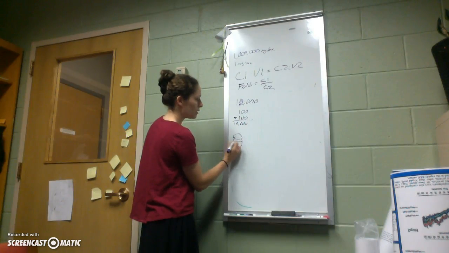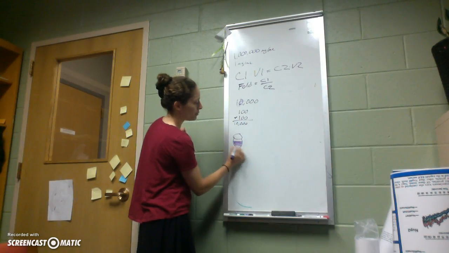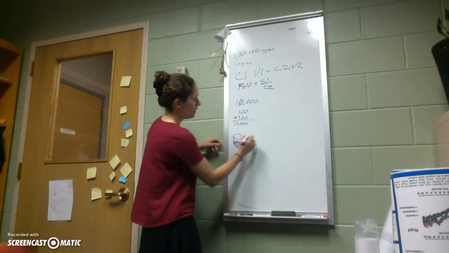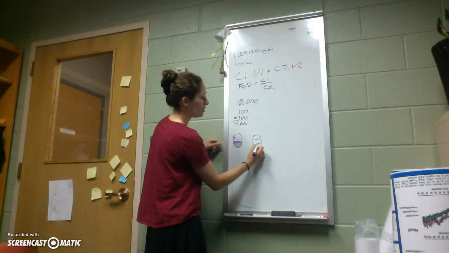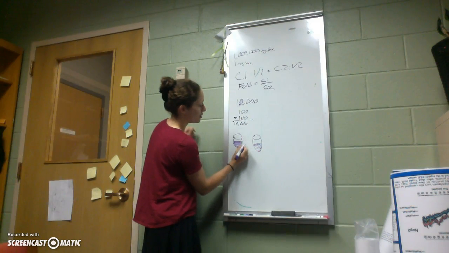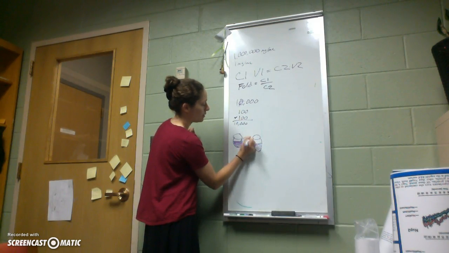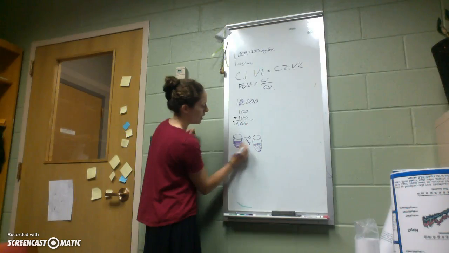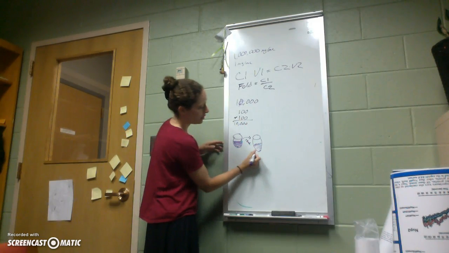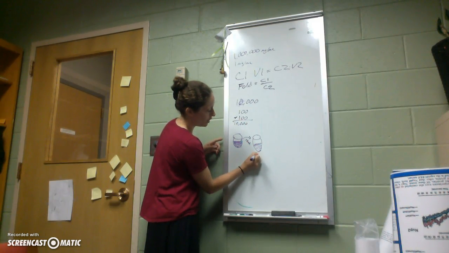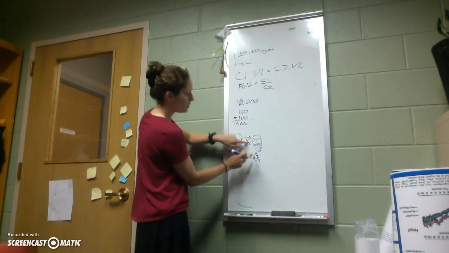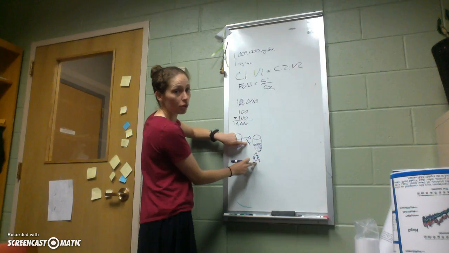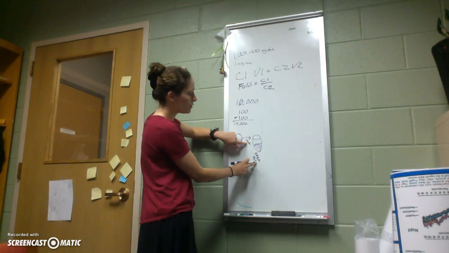I would take my starting stock of purple stuff, and do a 1 to 100 dilution of that. Maybe I add 10 microliters of my initial solution, and I add 990 microliters of water. So 10 in 1,000 total, that's a 100-fold dilution.